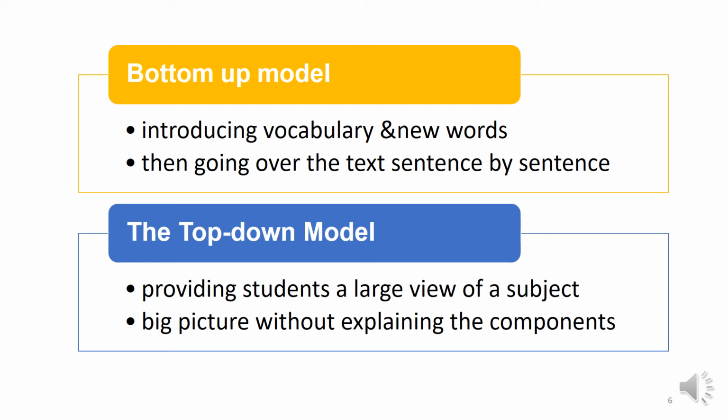That means in the top-down model, not only linguistic knowledge but also background knowledge is involved in reading. A top-down teaching style focuses on providing students a large view of the subject, immersing them in the big picture without explaining the components that make up the subject.